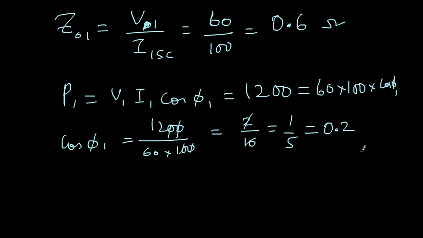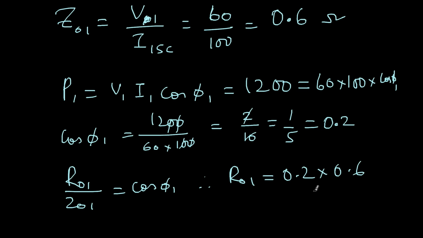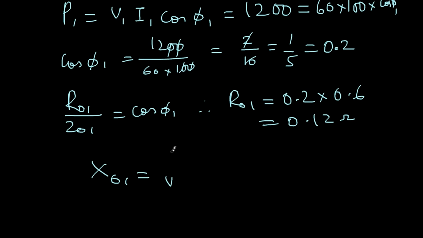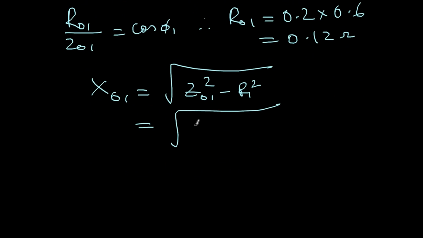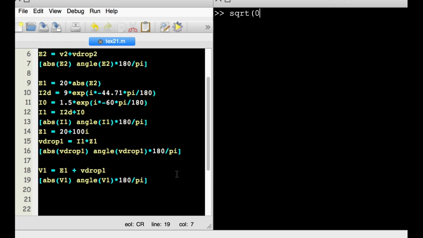Once I know the power factor, R by Z is also the power factor. Therefore, R01 is nothing but 0.2 into 0.6, so 0.12 ohms. Then X01 I can calculate as the square root of Z01 squared minus R01 squared, that is the square root of 0.6 squared minus 0.12 squared.